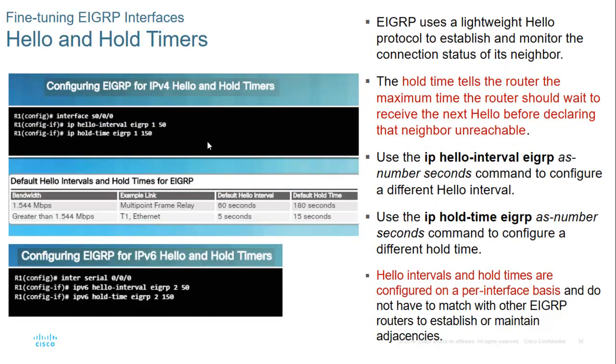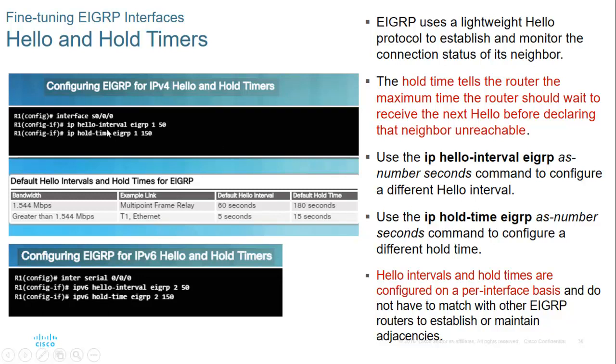Regarding hello and hold timers, EIGRP uses a lightweight hello protocol to establish and monitor connections to its neighbor. The hold time tells the router the maximum time the router should wait to receive the next hello before declaring that neighbor unreachable. So you can use different time intervals other than the default by using these commands.